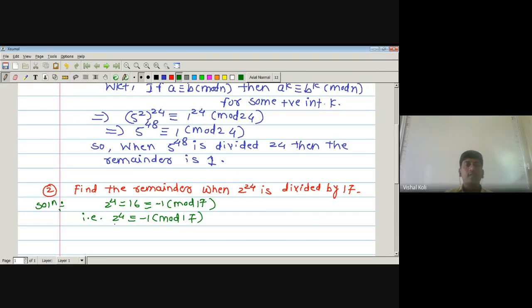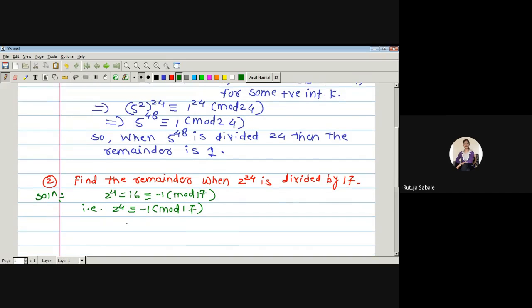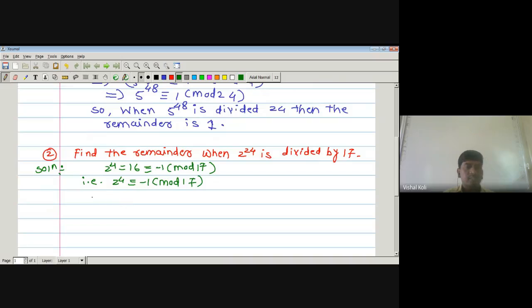But we have to take the power of 2 as 24, so we choose the value of k as 6. Then 2 to the power 4, to the power 6, is congruent to minus 1 to the power 6 modulo 17. That is, 2 to the power 4 times 6, which is 24, is congruent to minus 1 to the power 6, which is 1, modulo 17.